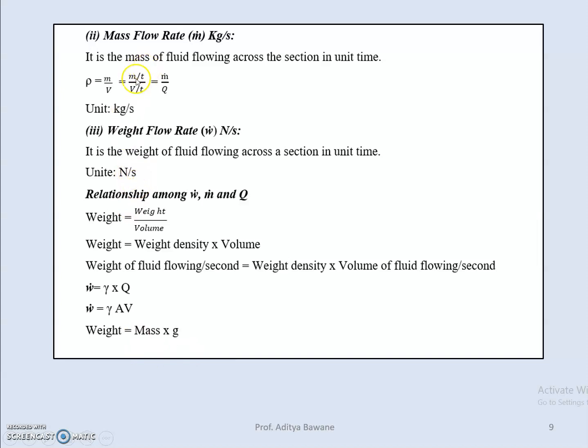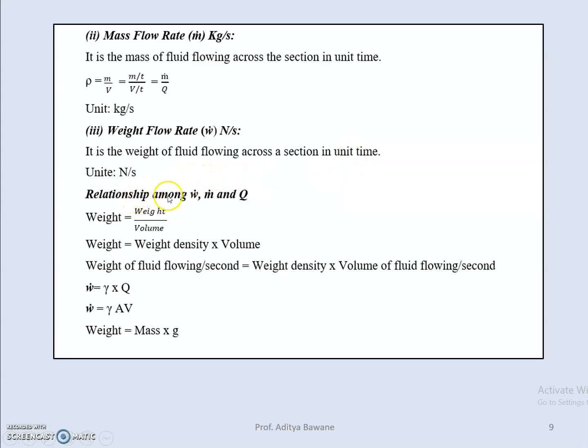Now mass flow rate, again, is the mass of fluid across a section in unit time. Density is nothing but m dot by Q. And weight flow rate is given as the weight of fluid flowing across a section in unit time, that is, Newton per second.